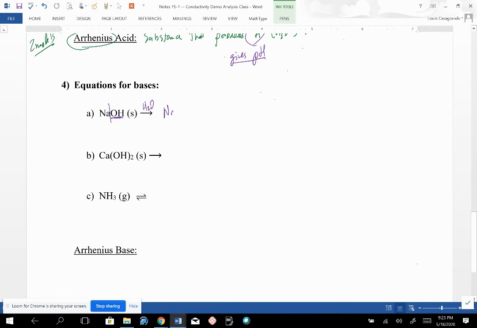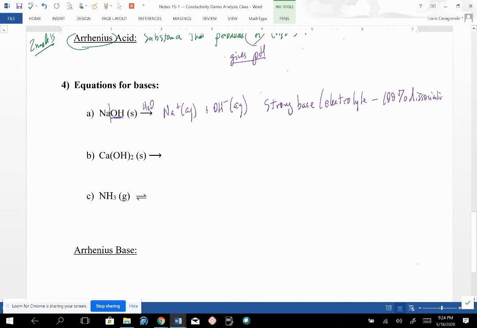And when we dissolve it, they're going to split apart into the sodium ions and the hydroxide ions. And because this is a strong base and a strong electrolyte, so remember this glowed, if you look back on the other page, this glowed strongly, strong electrolyte. This is 100% dissociation.